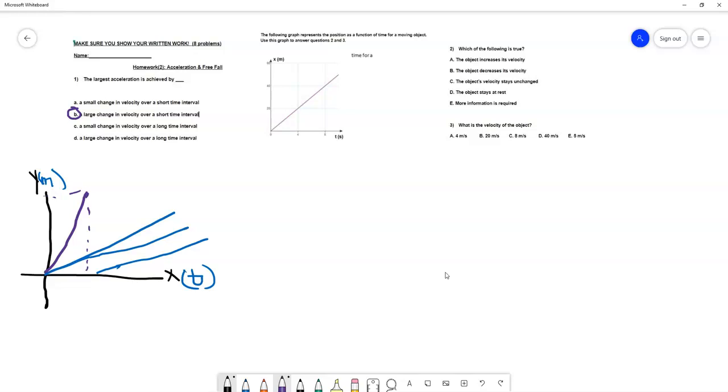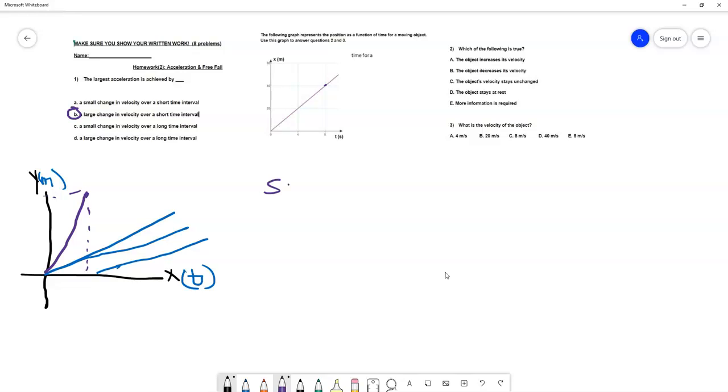Okay, so the second one says the following graph represents the position as a function of time for a moving object. Use this graph to answer questions 2 and 3. So question 2, which is true of the following? Well, look at this. You can actually use this little point right here where you see that it has been, oh, my eyes are so bad, 8 seconds and 40 meters.